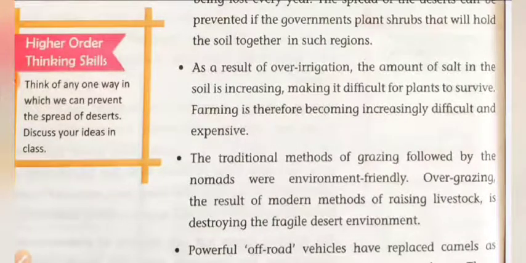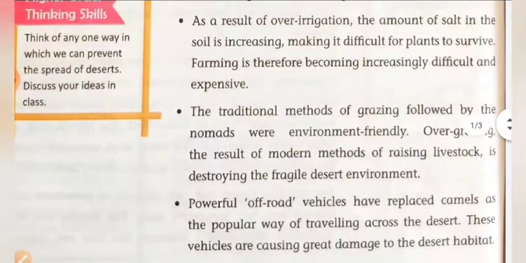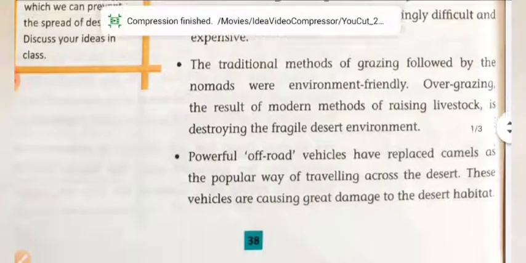Okay, powerful off-road vehicles have replaced camels as the popular way of traveling across the desert. These days camels are used less and less, so they use modern vehicles in the desert. So camels also exist in the region. These vehicles are causing damage to the desert and desert habitat.